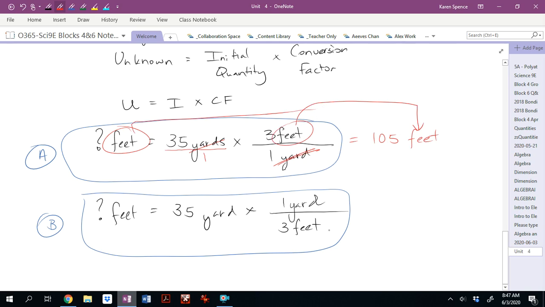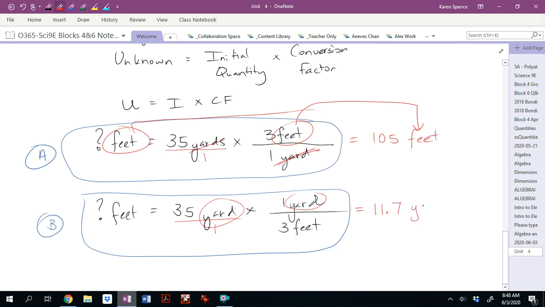What if I had used the other version of the conversion factor, yards over feet, 1 yard per 3 feet? What I would have gotten is, well, my yards wouldn't have canceled because they're both on the top. I would have had 35 divided by 3, which if I calculate that out is 11.7. But my unit would be yards times yards.